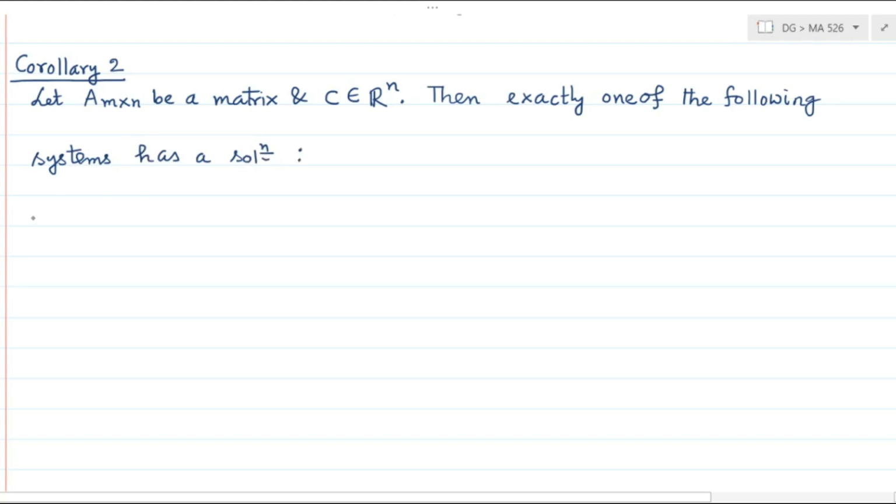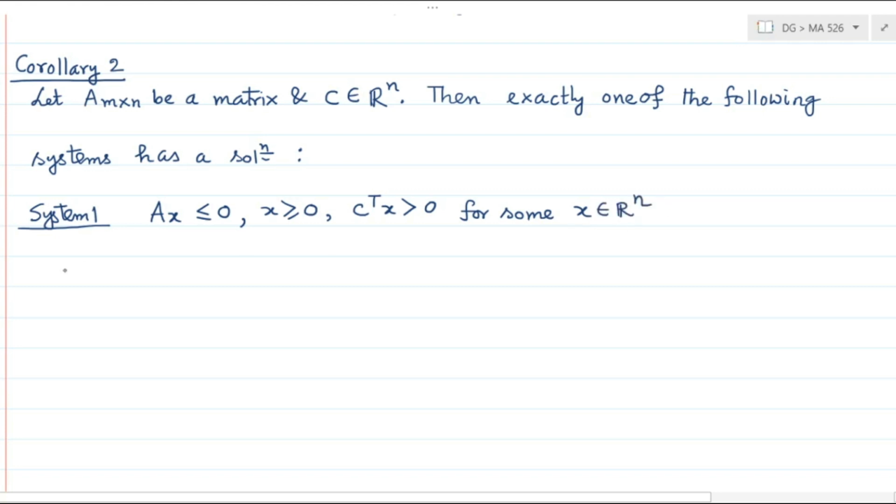What are those systems? System 1 is Ax is less than or equal to 0, x is greater than 0, C transpose x is greater than 0 for some x belonging to Rn, and the system 2 is A transpose y is greater than or equal to C, y greater than or equal to 0 for some y belonging to Rm.